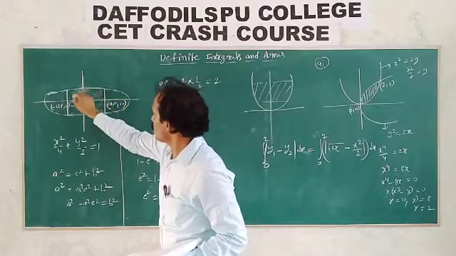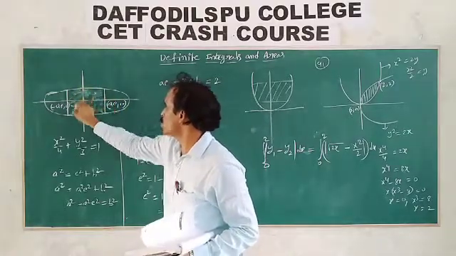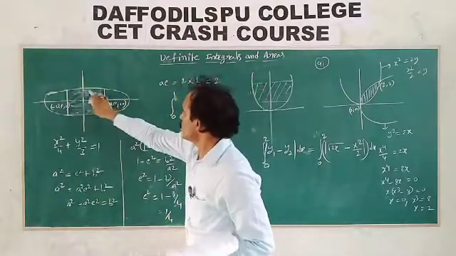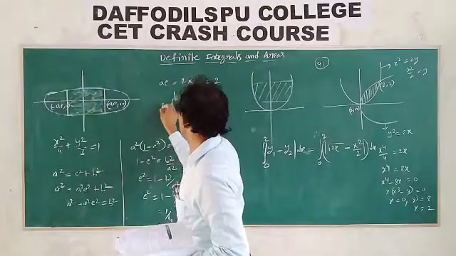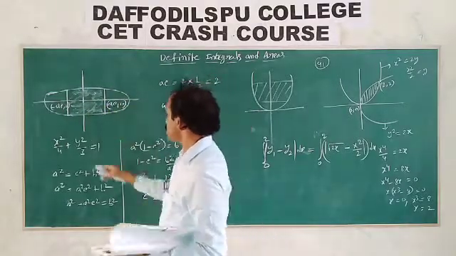Okay, these are 4 parts. Here how many parts? 1, 2, 3, 4 equal parts. Only this one, so we take 4 times this area.